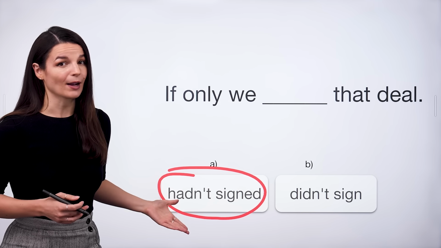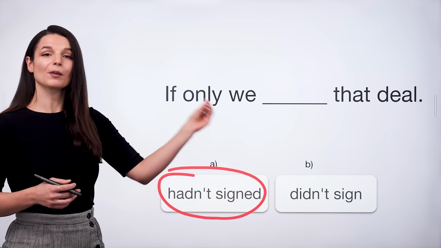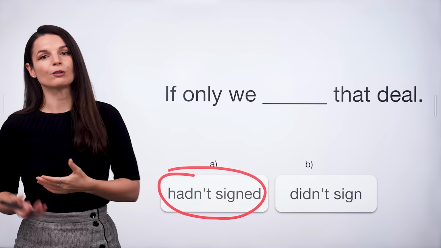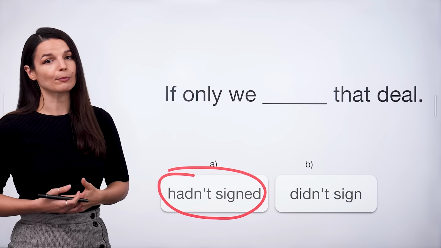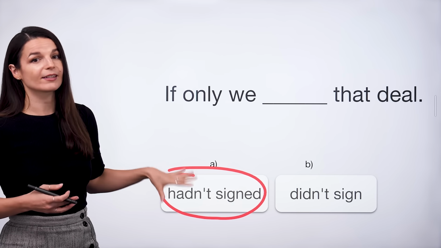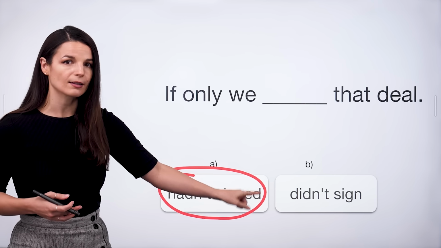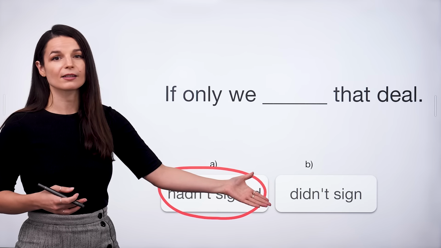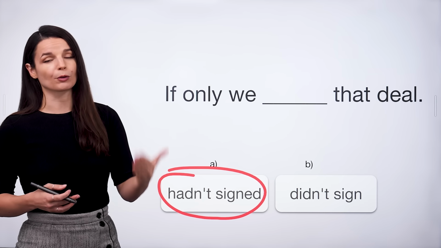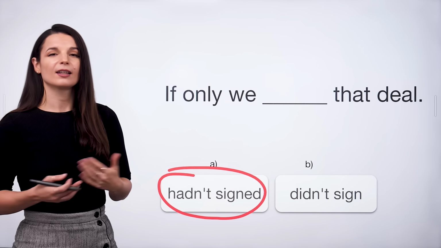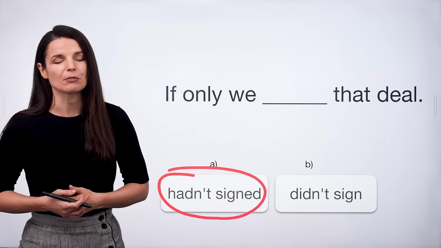Hadn't signed is correct because if only plus past perfect expresses regret about something that already happened. The speaker regrets signing the deal in the past. Didn't sign is incorrect because it's in the simple past tense, which doesn't clearly express regret about a past action. It sounds more like a neutral past statement, not a regret.